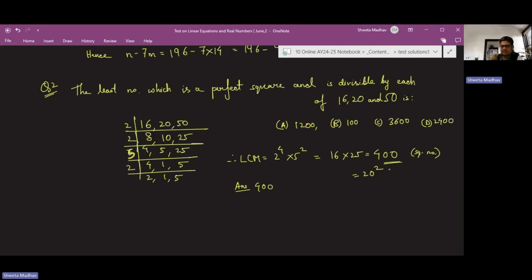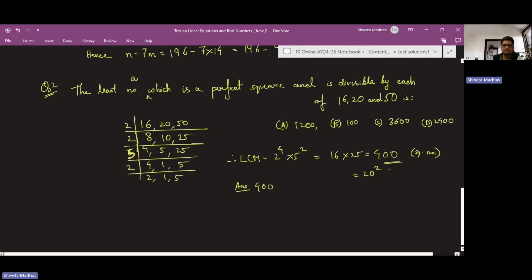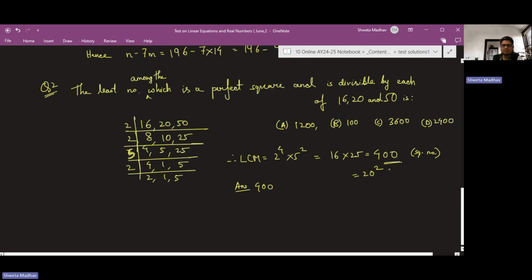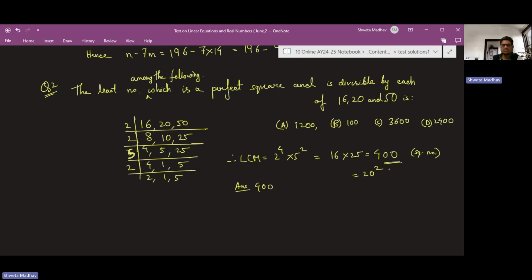But still, if the question had been given as the least number among the following options which is a perfect square and is divisible by each of 16, 20 and 50, then we should choose option C, that is 3600 only.